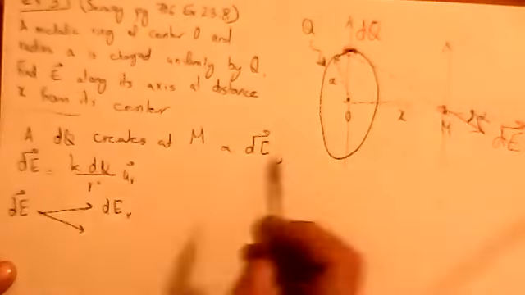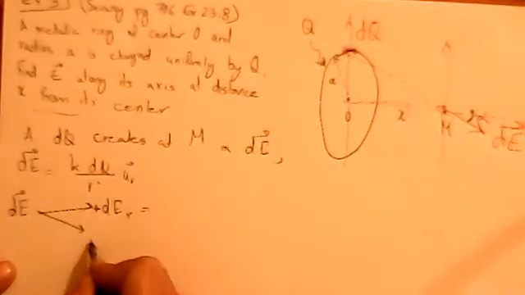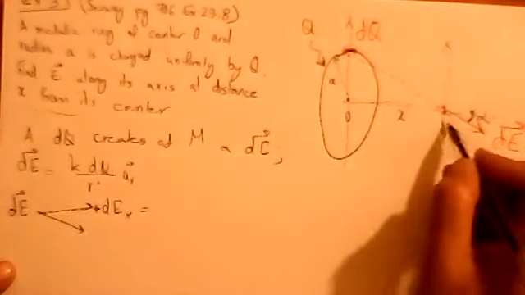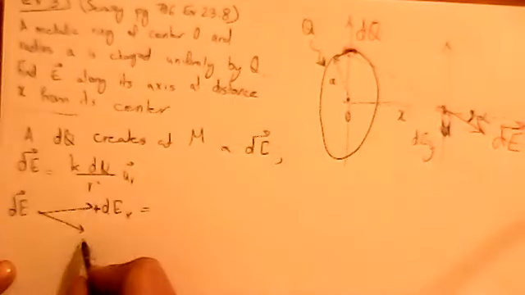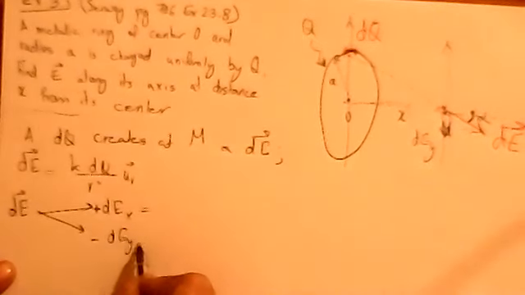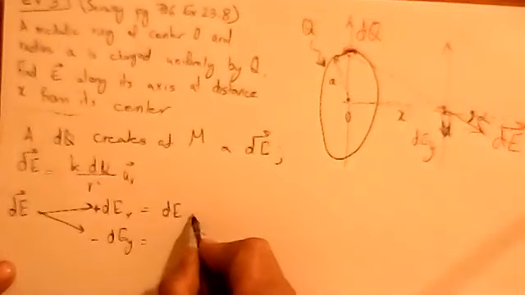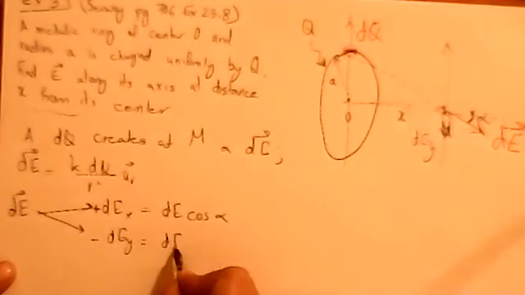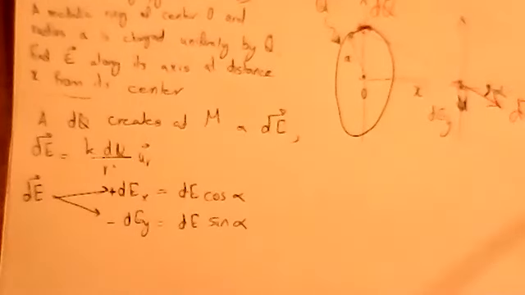If you project it along x, it's a plus dEx, and along the y-axis it's a minus dEy. dEx is the magnitude of dE cosine alpha, and dEy is dE sine alpha.